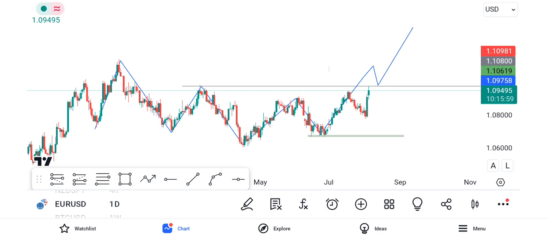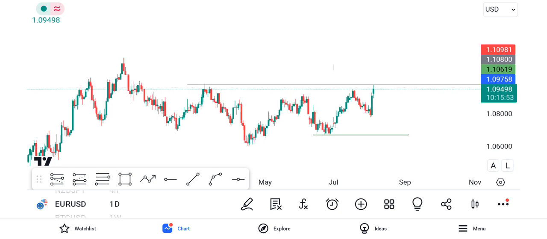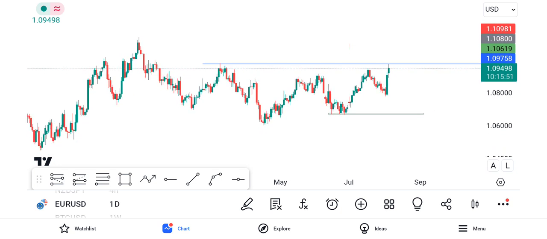Take note, this is on the daily time frame. And if you can see again, there's something I just saw right here that price is also doing, which looks like a shifting momentum, which is a shifting trend.